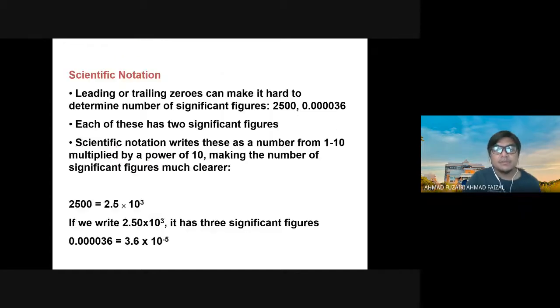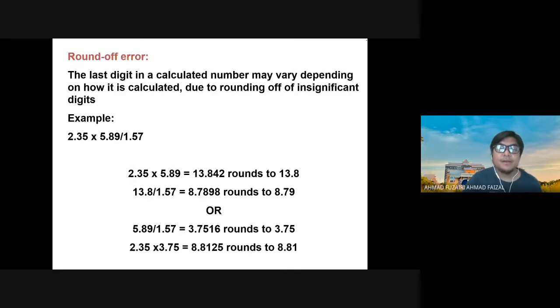So this is the scientific notation. I believe all of you have no problem with scientific notation or how to convert it from leading zeros, trailing zeros, or non-zero digit numbers. Just make sure that you know the concepts of significant figures whenever you do scientific notation.